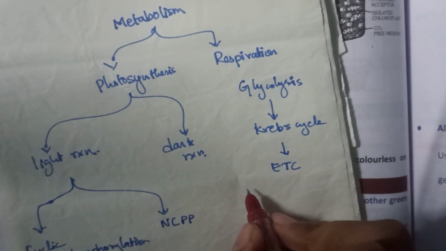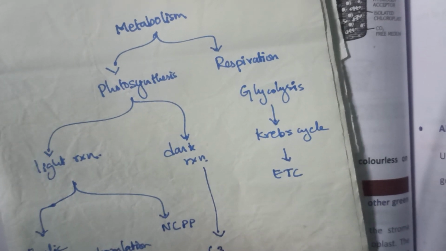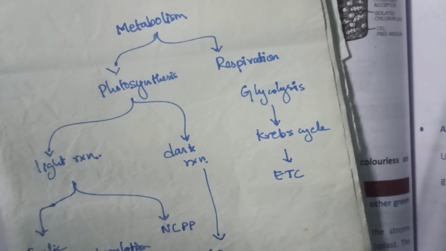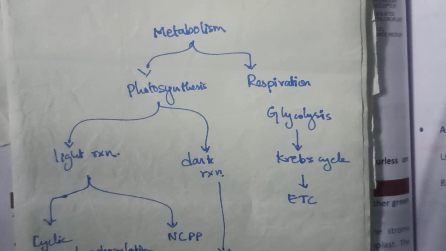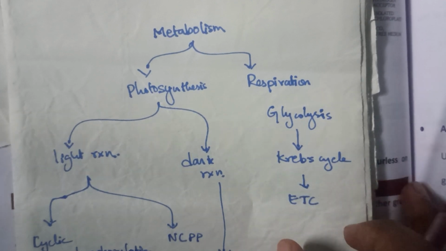There are various types of dark reactions like C3 Calvin, C4 Hatch-Slack pathway, C2 photorespiration, and CAM pathway. So this is a general outline about the various metabolisms that occur in the plant.